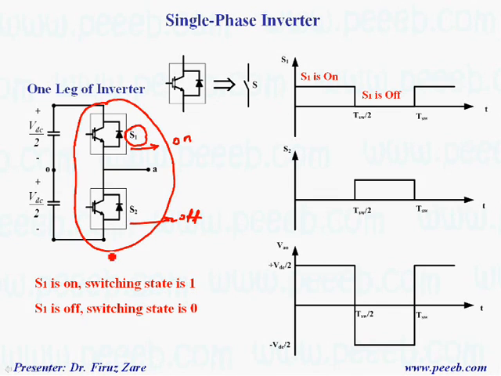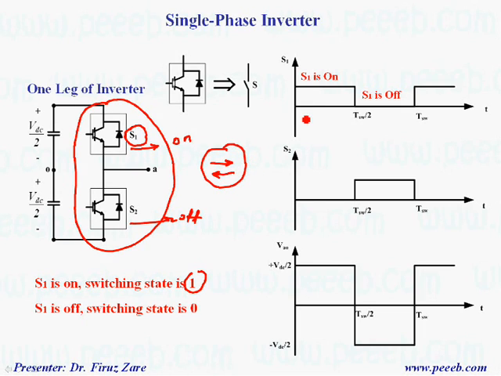That means when the switching state is 1, that switch is on and the other switch should be off. And because in power electronics the switch should be able to handle bidirectional current, the switch itself is defined as an IGBT or MOSFET with an antiparallel diode. So this is a switch which can handle bidirectional current.